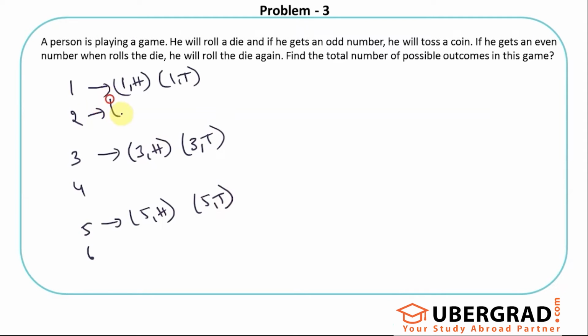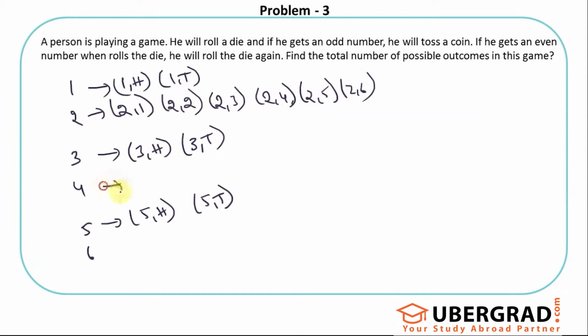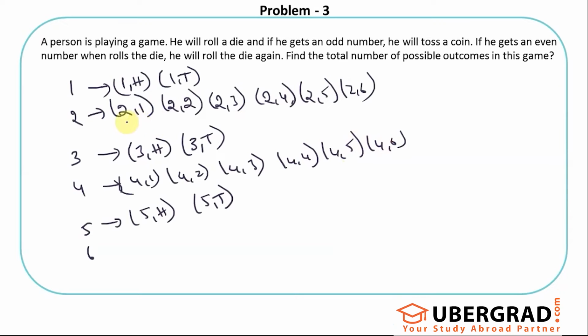And if I get 2, I'll roll the die again, so I might get 2 1, or 2 2, or 2 3, or 2 4, 2 5, 2 6. Similarly for 4 also, 4 1, 4 2, 4 3, 4 4, 4 5 and 4 6. I hope you understand what I'm writing, right? This is like the first roll I roll 2. So basically, because it's an even number, I'll roll again.